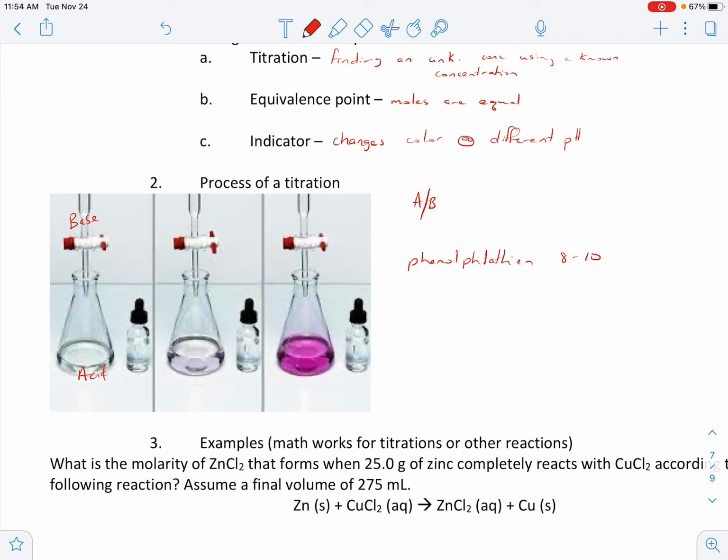When we reach our equivalence point, looking at it in terms of pH, the pH is really low at first, going along like this, and then all of a sudden, when we reach our equivalence point right here, the pH jumps from really low to really high. That's why we can use phenolphthalein, because this is quite a range.